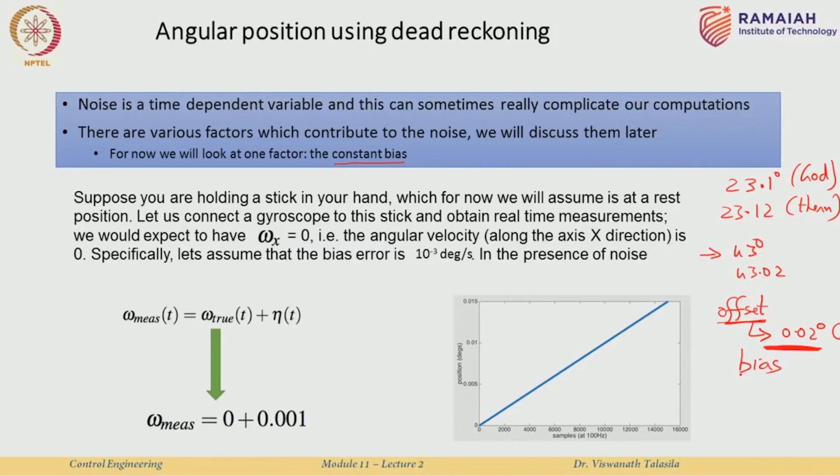Let us take an even more specific example in a simulation. I will do a practical experiment later on. In a simulation, let us say the bias error, or the bias, is 10 power minus 3 degree per second. It means every second I have a bias of 0.001 degrees.